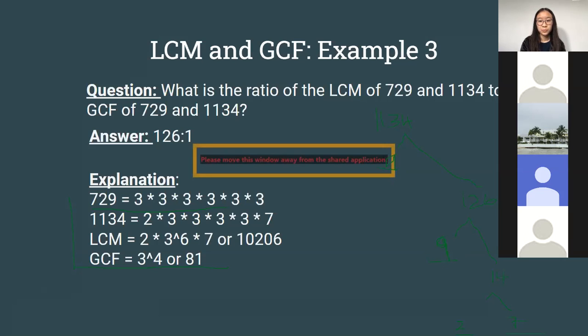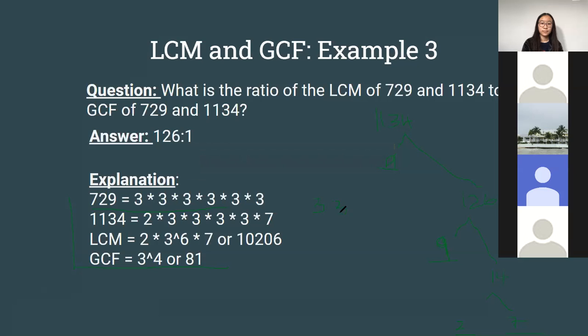Somebody unmute yourself, please. 2 times 7 times 4 times 9 to the second. Okay, that was a pretty good guess. But 9 is not a prime number, right? Because 9 can be broken down into 3 times 3 or 3 squared. You understand? That was a really good guess, though.